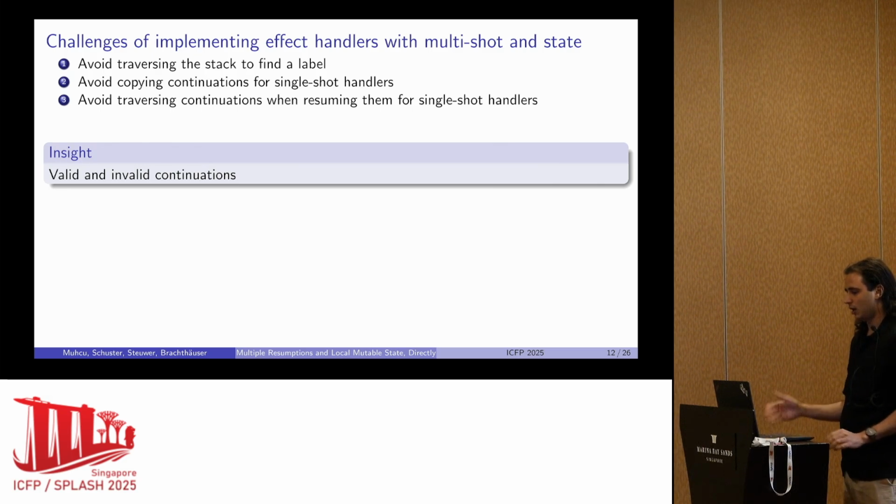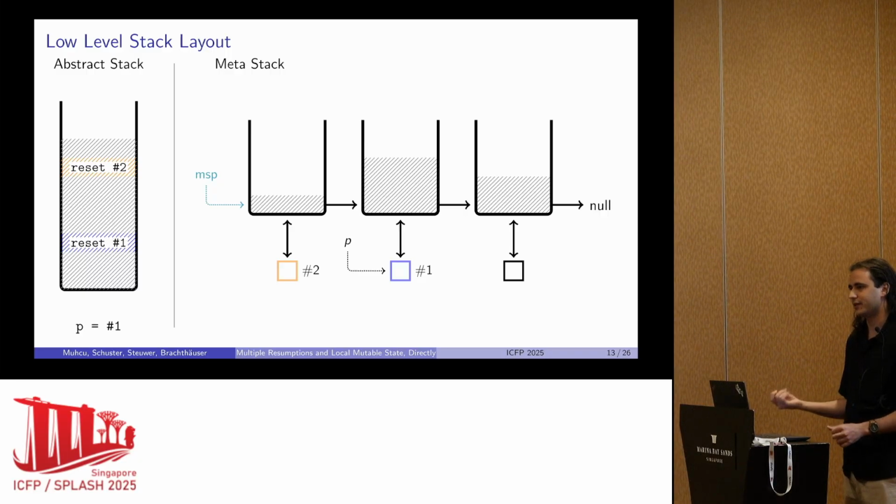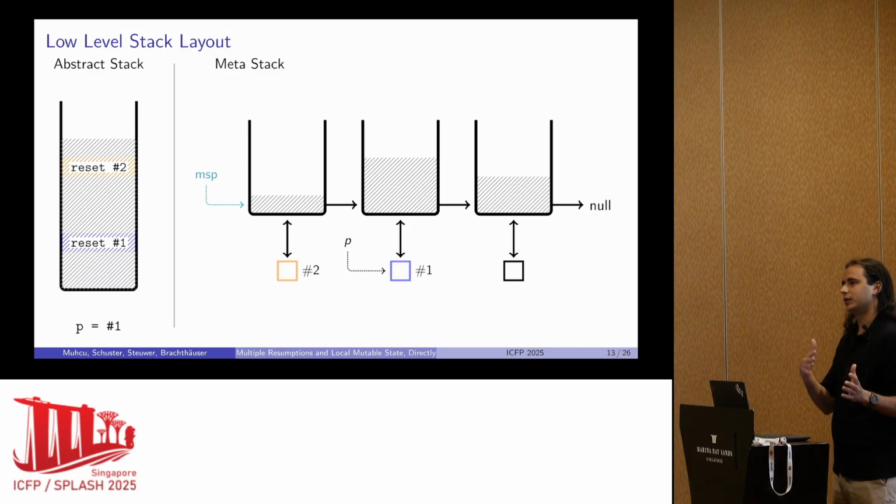Now, how does all of this look? It all boils down to how we represent the call stack that we've seen earlier in memory. Instead of one stack, we are using a linked list of stacks, which we also call the meta stack.